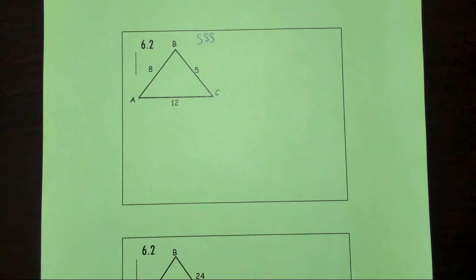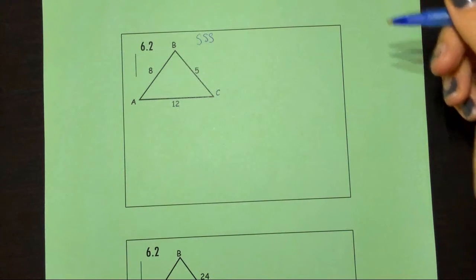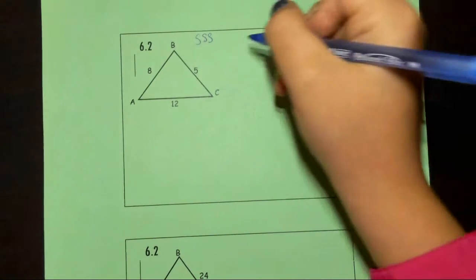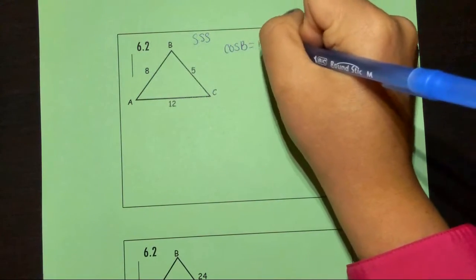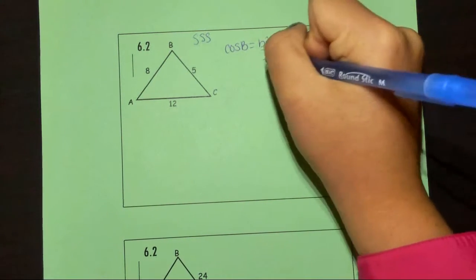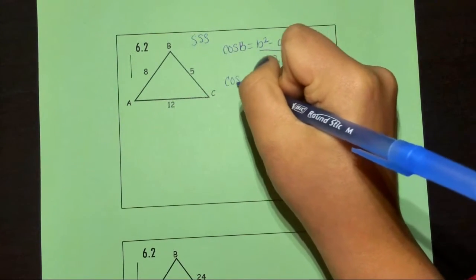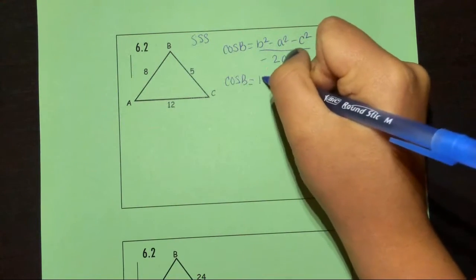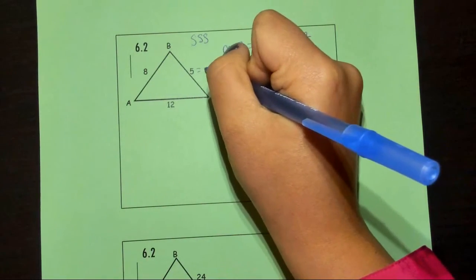For this case, we first want to find the biggest angle value. Our biggest angle here is angle B. So we'll do the cosine of B equals B squared minus A squared minus C squared over negative 2AC. So 12 squared minus, A is 5.